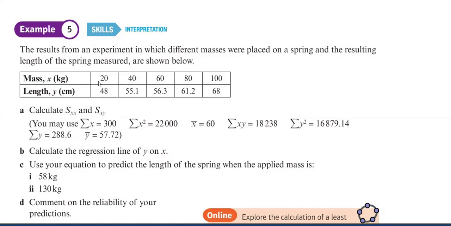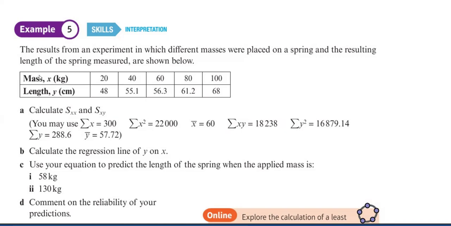The x-axis shows masses 20, 40, 60, 80, 100. If 20 kg is placed on the spring, the length of the spring equals 48, like this, 48 centimeters.